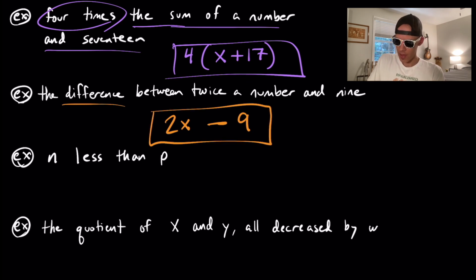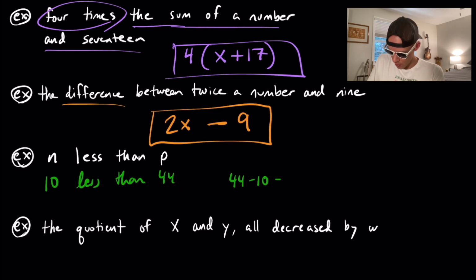N less than P. So these ones always kind of confused me, so I like to just plug in numbers. So instead of N less than P, maybe I'll say 10 less than 44. Well, what is 10 less than 44? That would just be like saying 44 minus 10, which is 34.